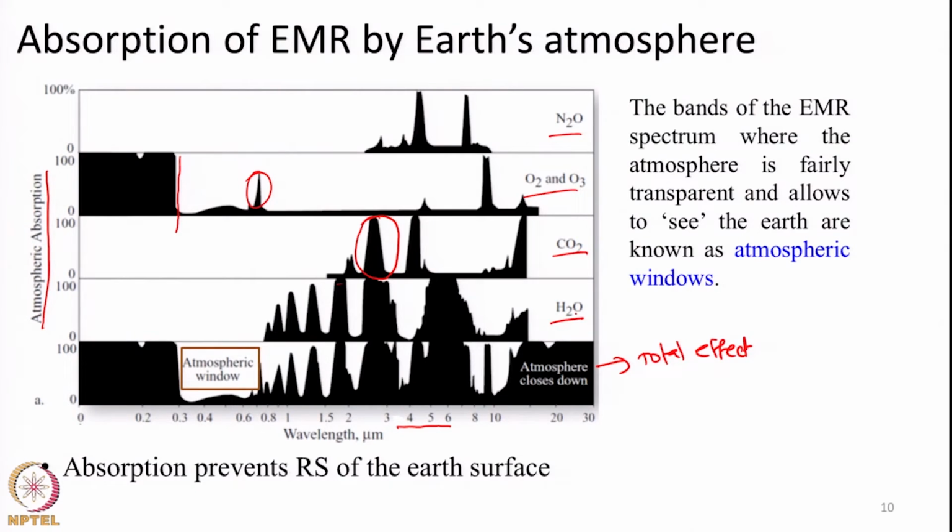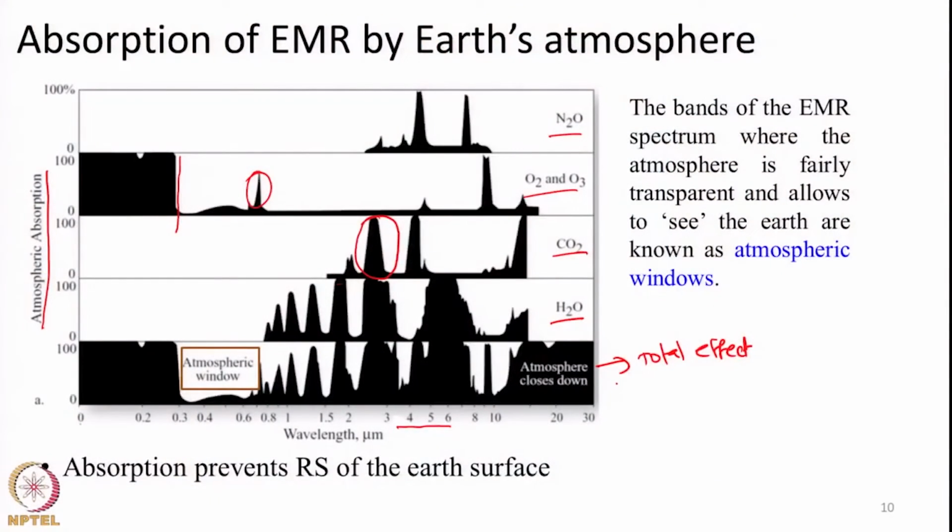So, each molecule absorbs a different portion of wavelengths, and since the atmosphere is a mix of all these molecules, the final effect that we see is a collective one of all these gases, given in the last portion of the slide. If you look at the visible portion, around 0.4 to 0.7 micrometers, the absorption is very low and we can receive that wavelength on the earth's surface.